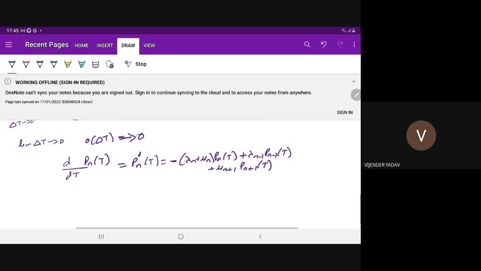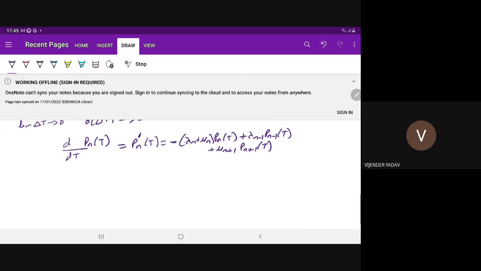So that is the first governing equation, and here n varies over 1, 2, 3 and so on.